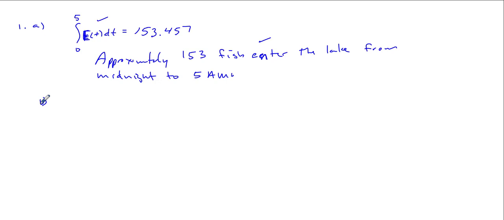So since they want the average of the rate and they give you a rate, that is an average value formula problem. So they want the average number of fish that leave the lake over the 5-hour period from midnight to 5 a.m. So that would be 0 to 5, 1 over 5 minus 0, and then the integral of L of t dt, correct?